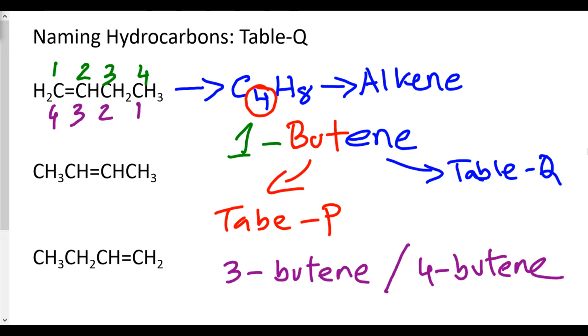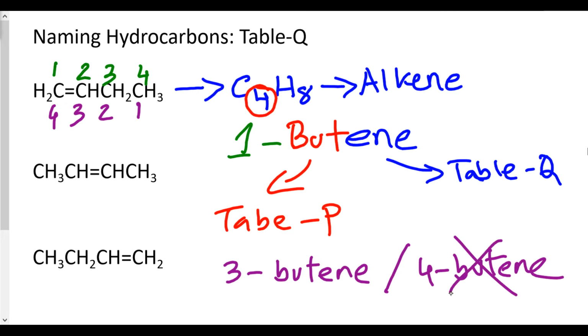If someone is counting this compound from right to left, you can see that the person might make a mistake by assuming that this compound is 3-butene or 4-butene. If you're counting from the right side, obviously it cannot be 4-butene.